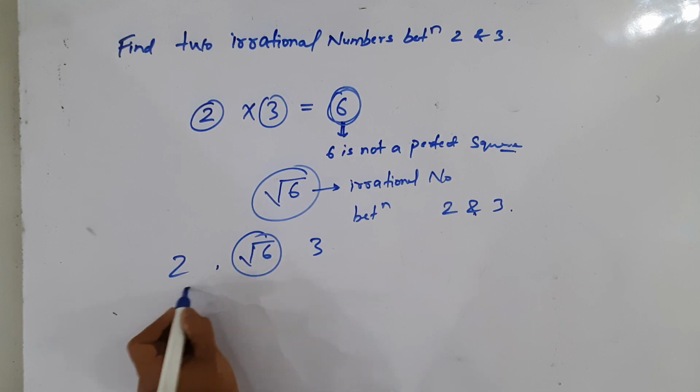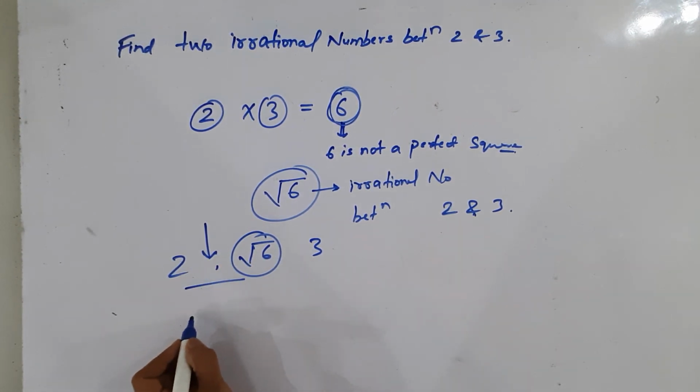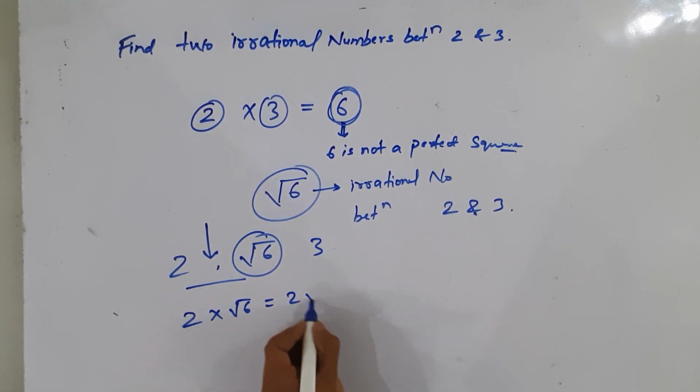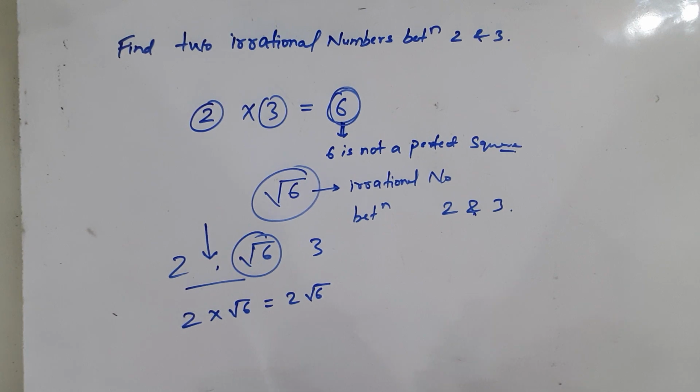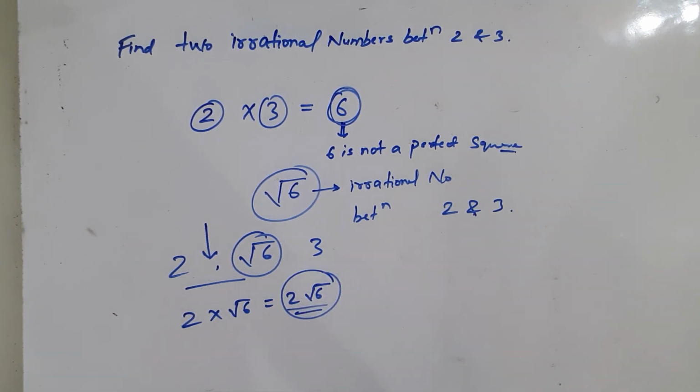Now we can insert an irrational number between 2 and root 6. So again we will do the multiplication. 2 multiplied by root 6 will be 2 root 6. So again this is not a perfect square.